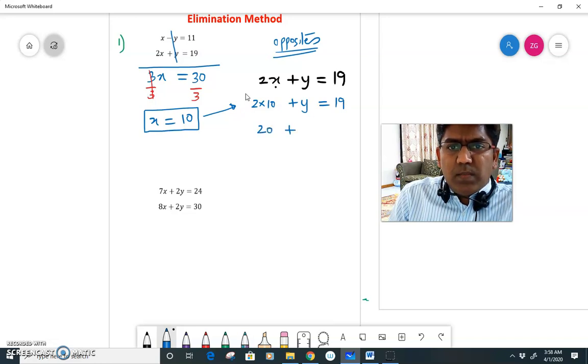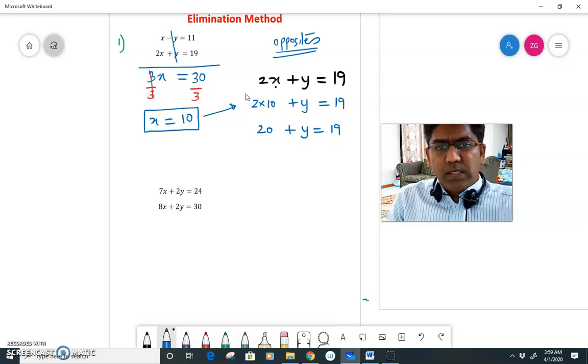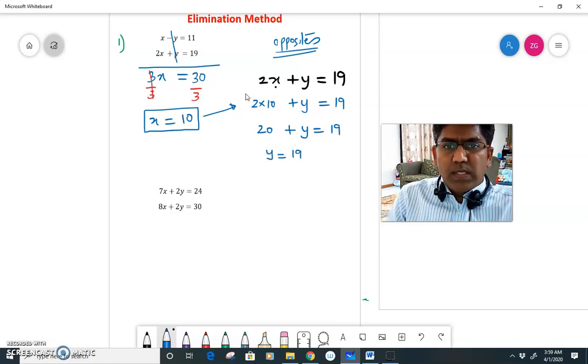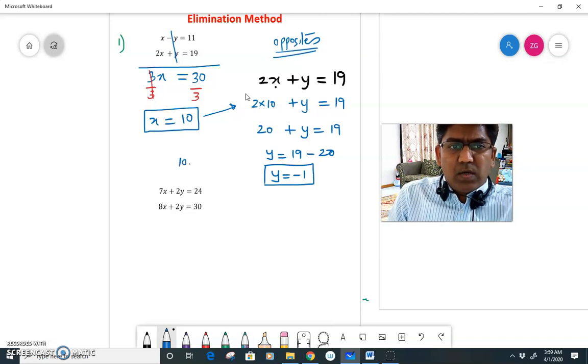So 20 plus y is 19. You shift 20 to the right hand side, you will get y equal to 19 minus 20. So my value of y is -1. You can write the final answer as an ordered pair, x comma y. So x is 10 and y is -1. We write the final answer like this.